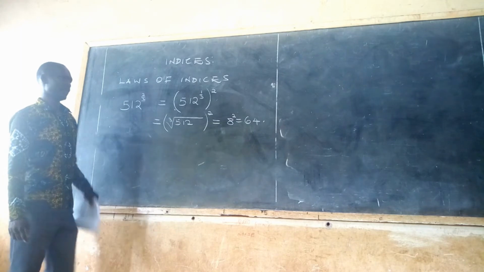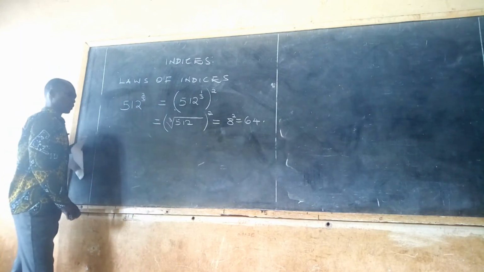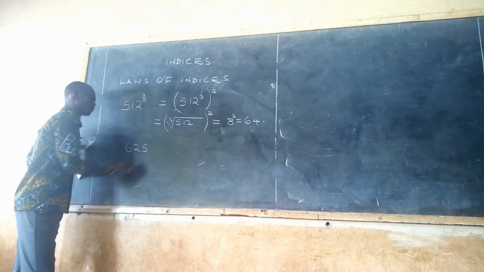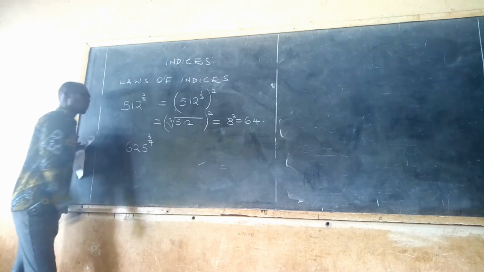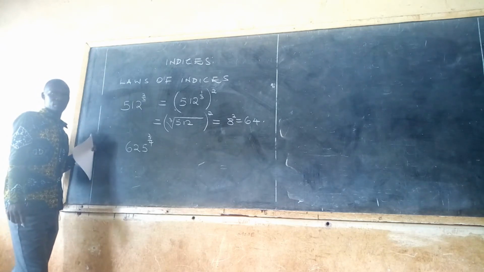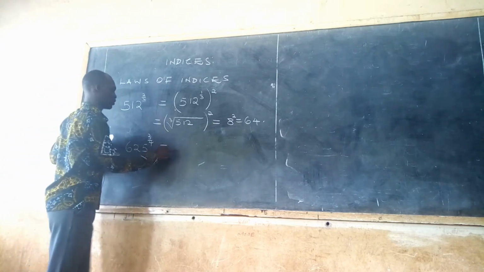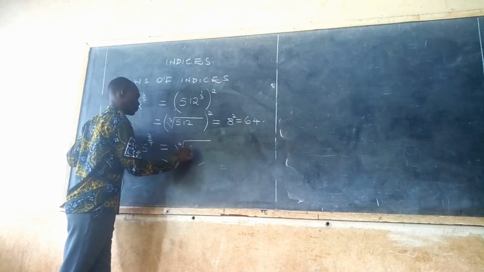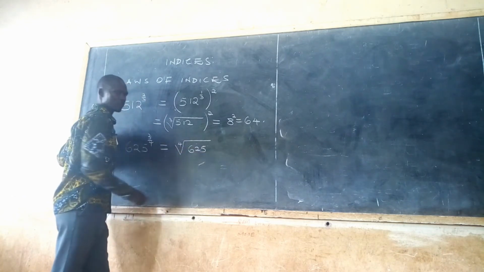Another one, I may ask you, what about 625 to the power 3 over 4? As I said, always begin below. So this one is going to be the fourth root of 625.